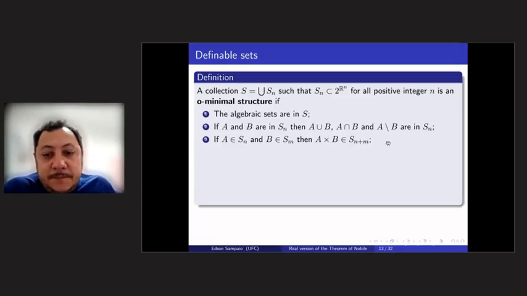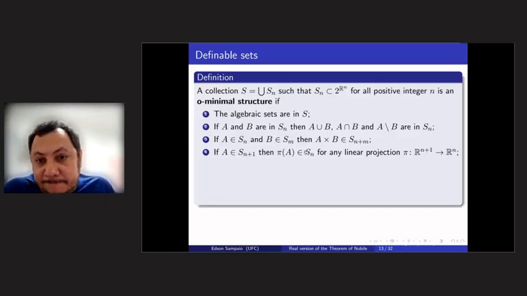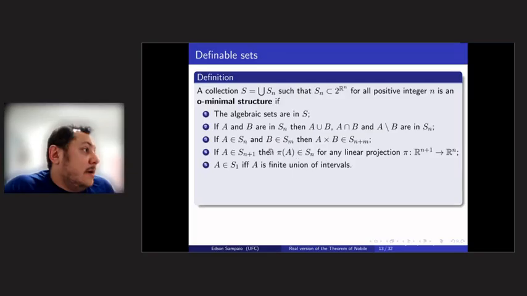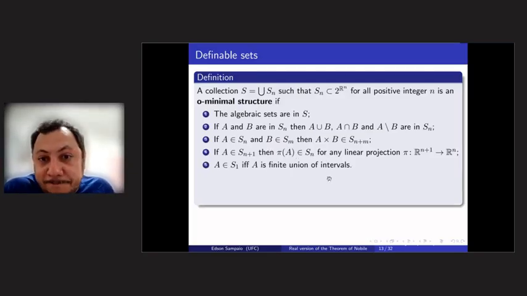The projection of a set in S_(n+1) is in S_n. And the only sets in S_1 are finite unions of intervals. So this is what o-minimal structure means.